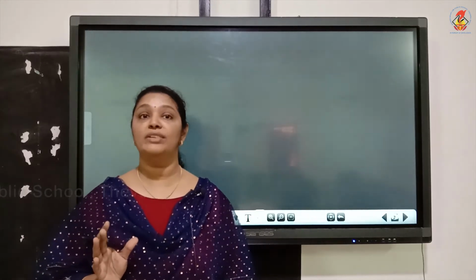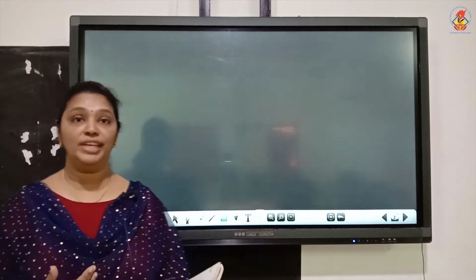So I'm going to write the examples of strong ligands and weak ligands. We are going to discuss the valence bond theory for octahedral complexes. Octahedral complexes means complexes whose coordination number is equal to 6. So first we are going to see the strong ligands and weak ligands.